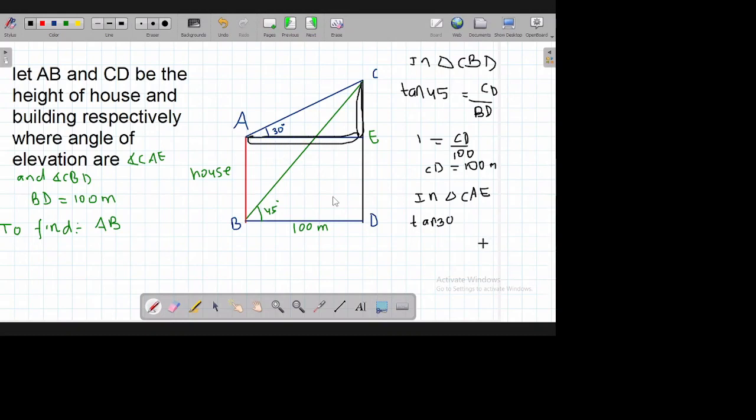So tan 30 degree means CE by AE. Tan 30 degree means 1 by root 3, and CE we don't know, and AE means 100 meter. So please be careful. When this is 100 meter, this is also 100 meter.